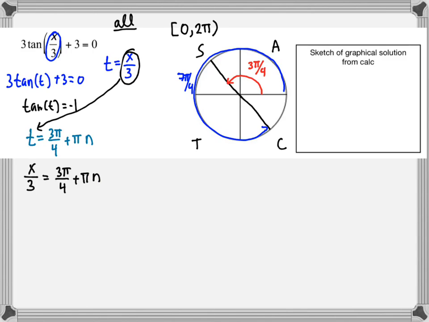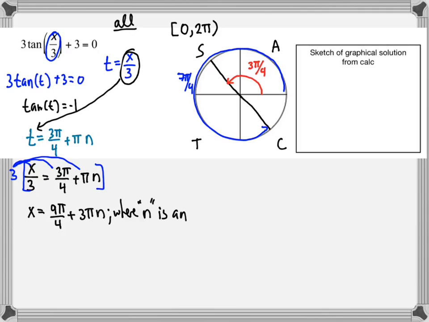Then we want to multiply the entire thing by 3 in order to get rid of the 3 that's attached to the x. After using the distributive property, we end up with x equals 9 pi over 4 plus 3 pi n, where n is an integer. That takes care of the all section. That is our all solution.